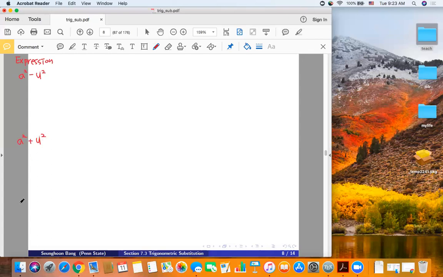The third expression is u squared minus a squared. We have 3 expressions. Here a is a constant and u is a function. In the previous one, 4 minus x squared, x is u, a function. So how can you do the substitution? The substitution is like this.